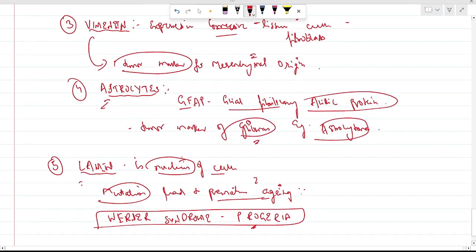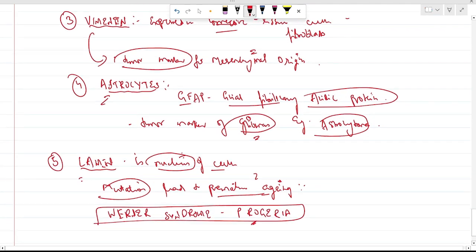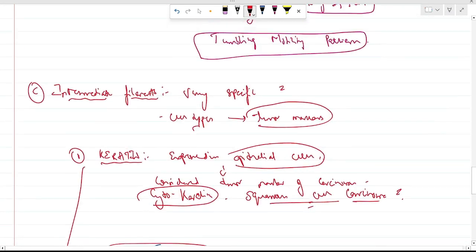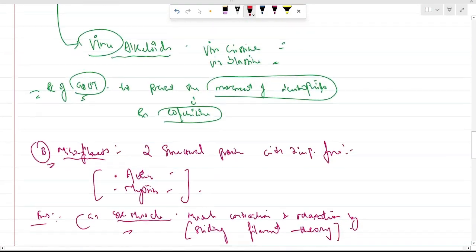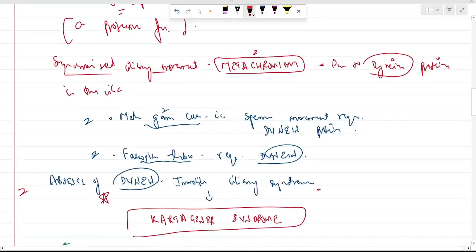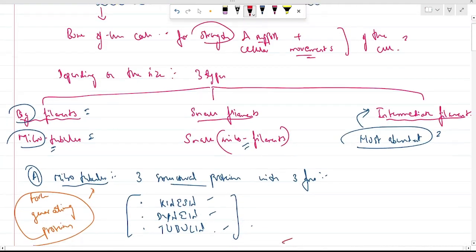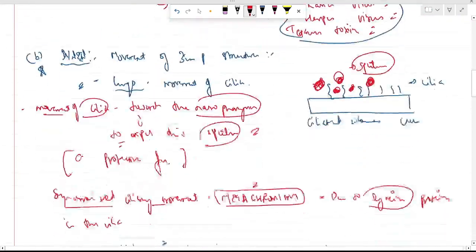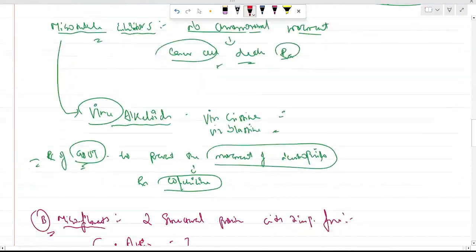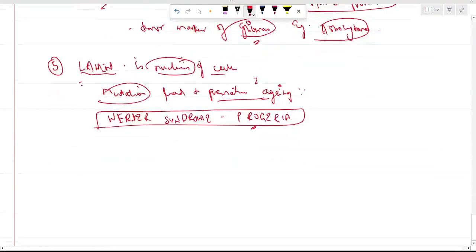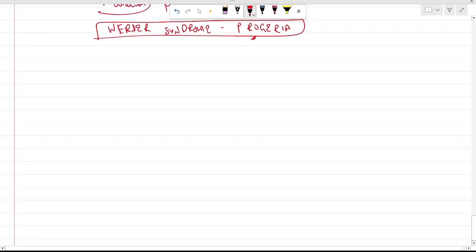So these are all the types of cytoskeletal filaments: the intermediate filaments, the microfilaments, and the microtubules. We have seen different proteins, the subdivisions, and their clinical conditions, the diseases, and how their mutation or even absence can cause them.